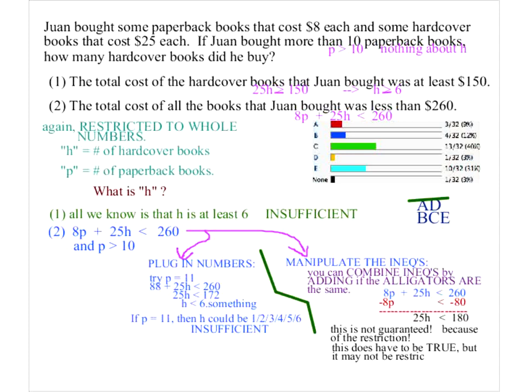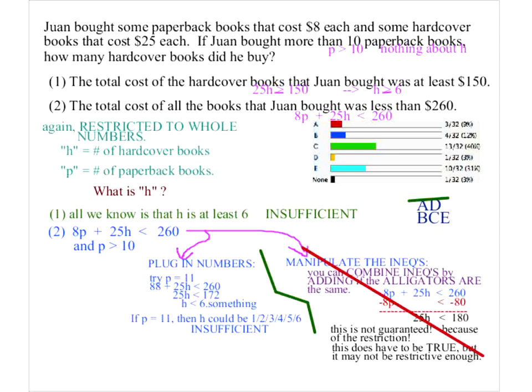And in fact, here's a case in point. If you do this, you're going to think H could be 7, but it turns out H actually can't be 7. So in this case, algebra not only doesn't really work, it actually gives you the wrong indication. So if you picked E because of this, take note.